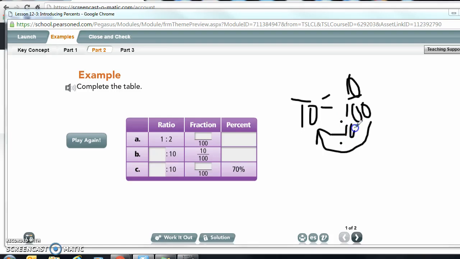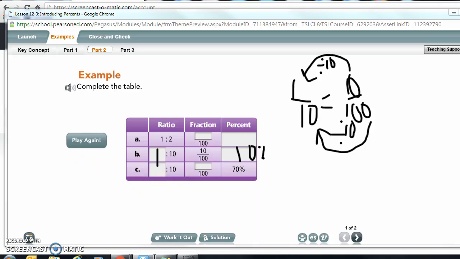So if I divide by 10 here, I need to divide by 10 up here. What you do to the bottom, you have to do to the top. Well, 10 divided by 10 is 1. And I always have to look at the fraction that's compared to 100 for my percent. So that means 10% is what we're looking at for this fraction.